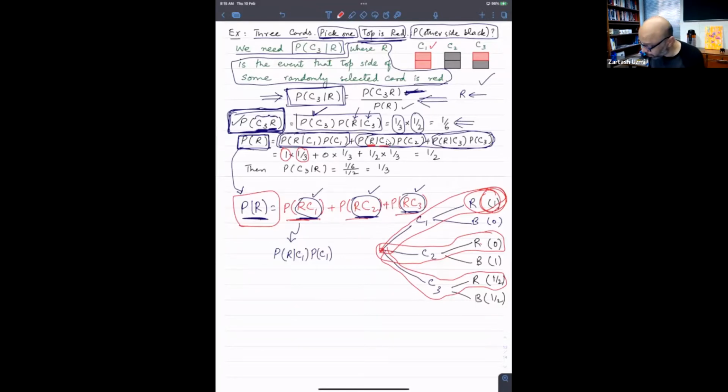That's 0, because ये वाला जो पाथ है इसमें आपने कार्ड 2 पिक कर लिया है, there is no way the top face will show red. So this is going to be 0 times 1 by 3, the probability that you pick card 2, plus the probability that R given C3, which is 1 over 2, into the probability of C3, which is 1 over 3.